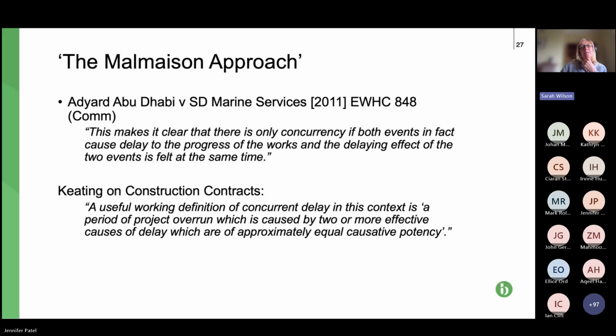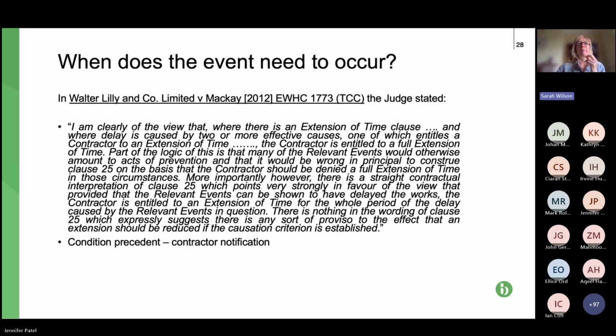please. Thanks. So, yeah, we can move on to that. They're just further definitions which kind of amount to the same thing. So, actually this is a quote from this Walter Lilly case that I referred to earlier. So actually I said 2014-15, it's 2012. So basically, the court said here that with JCT, in that situation we looked at, weather is an extension of time, contractor default isn't.